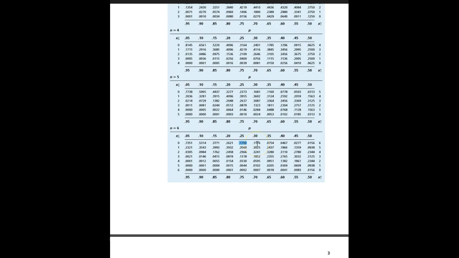So add up 0.1780, 0.3560, and 0.2966, and that gets us 0.8306. Then the probability that all the professors are men is the same as saying none of them are women, so it's the probability that x is equal to 0, which we grab from the table: 0.1780. That's that.